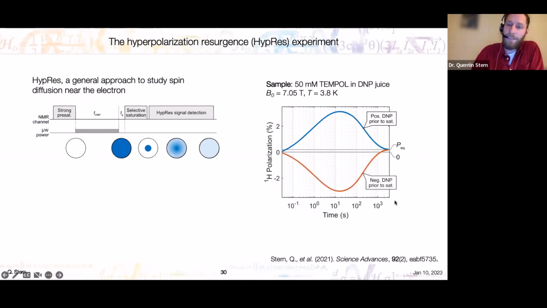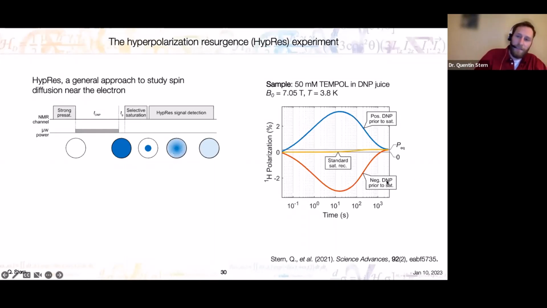And if you start by doing negative DNP before saturating, then you see this negative overshoot. And as you can see, it reaches thermal equilibrium, which is a very small value as compared to this overshoot. So the effect is quite strong. From the slope of this curve, you can infer the rate at which polarization exchanges from hidden to visible spins. And that's what we will use now.